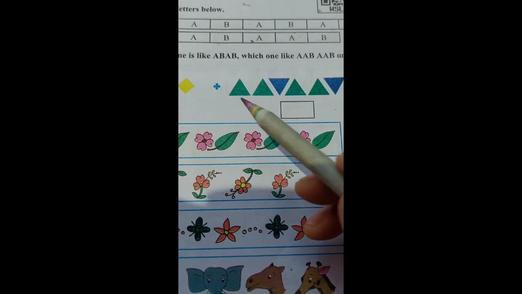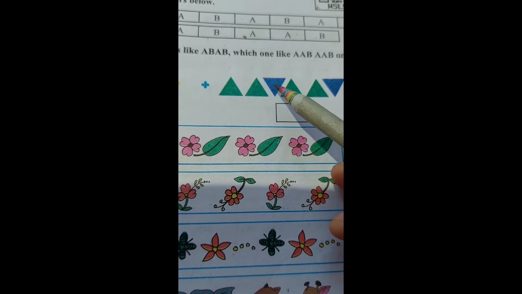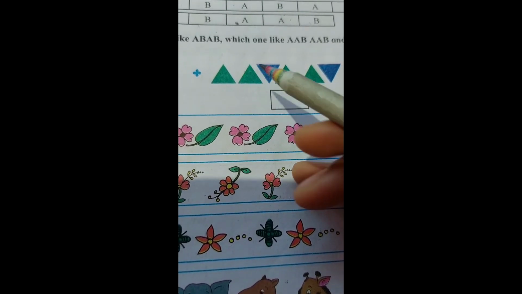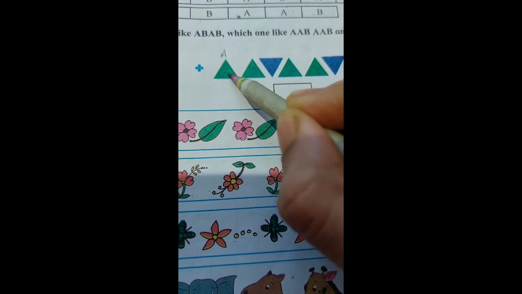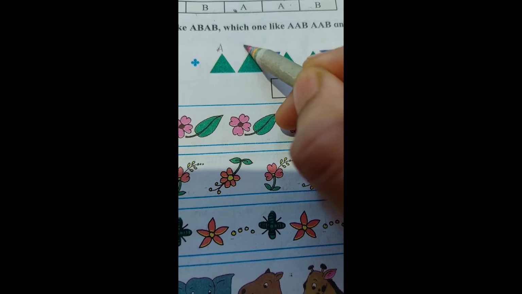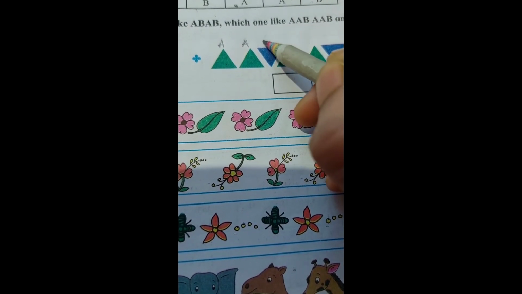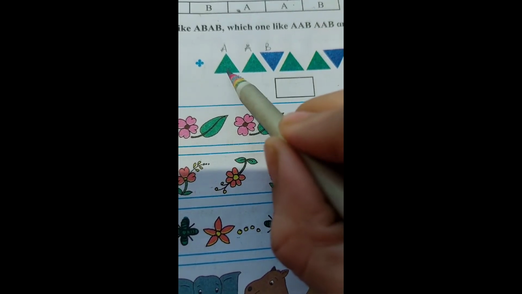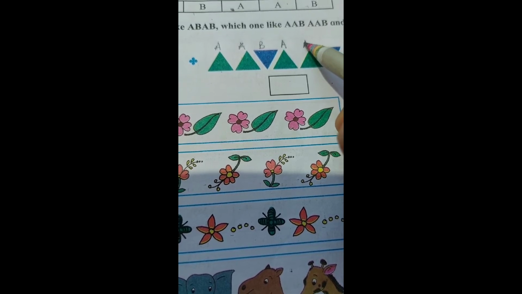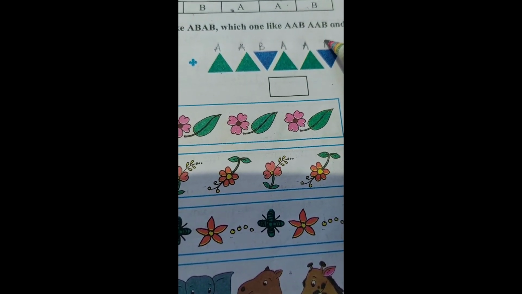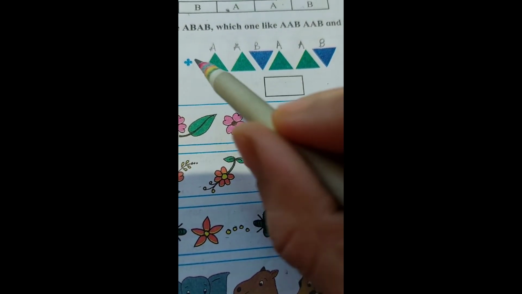The next one we have triangles. A green triangle, and a blue inverted triangle. So suppose if we name it as A, a green triangle, second is also a green triangle, so same A. And then you have a blue triangle, so we name it as B. So green is A, so you write here A. Again it is repeated, so A. And then you have blue triangle, that is B. So what pattern is formed over here?